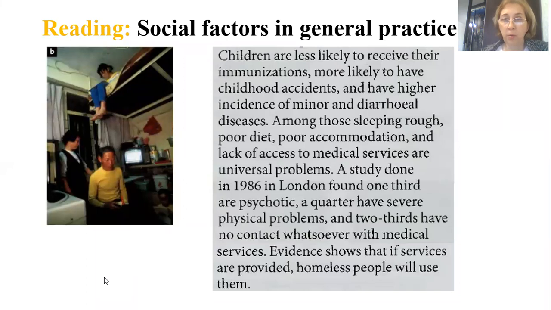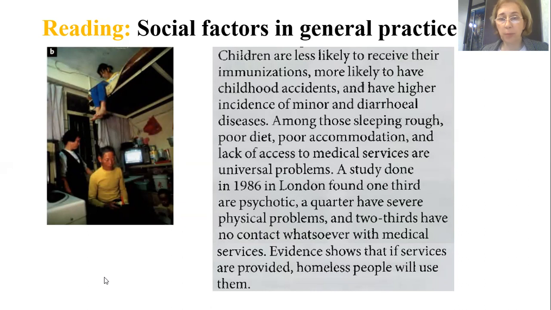Okay. So this is the information about the problems connected with children. No immunization, so they are not vaccinated. More accidents. Then some more diseases. Homelessness is connected with poor diet.